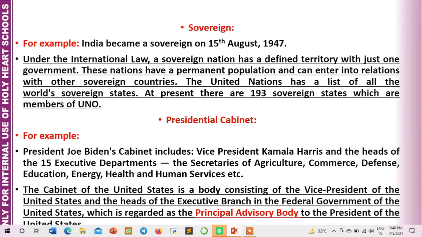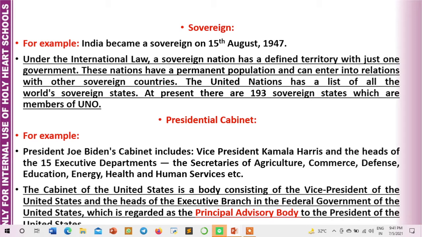The next is sovereign. For example, India became sovereign on 15th August 1947. Yes, students, otherwise we use the word India became free. But as per your subject is concerned, political science, we are to use the word sovereign. So, what is sovereign?